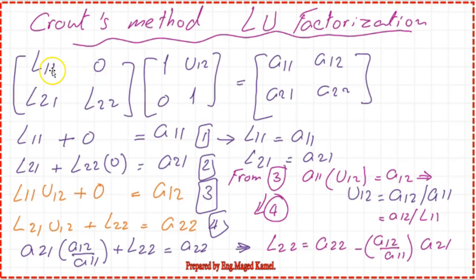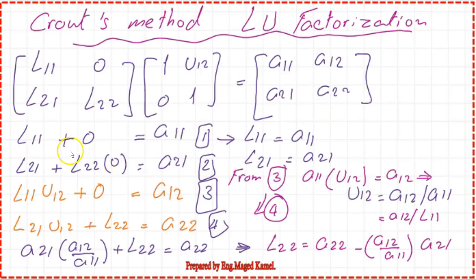Third equation, multiplying the first row by the second column, will give us L11 U12 plus 0 equal to A12. And the fourth and last equation is multiplying the second row by the second column, L21 U12 plus L22 by 1. This will give us A22.